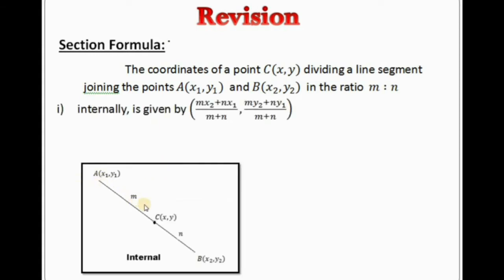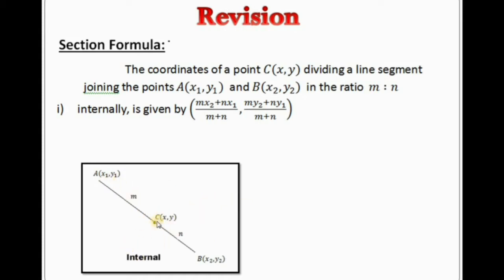So there's a line segment AB, and there's a point C in between A and B. Now this C is dividing AB in the ratio m:n. Since this dividing point is lying in between A and B, this is called internal.